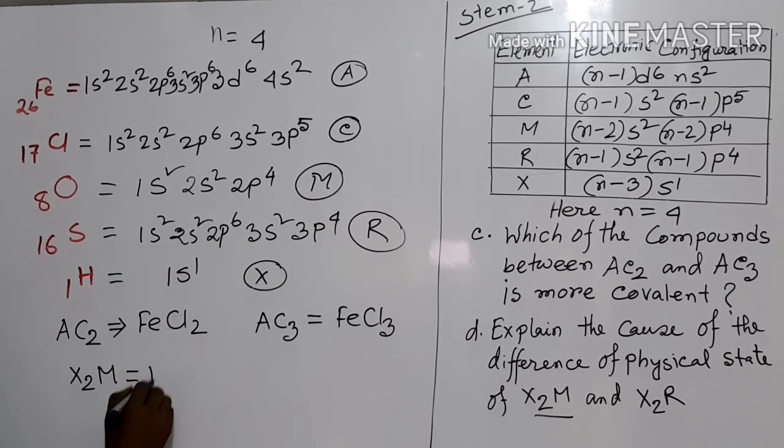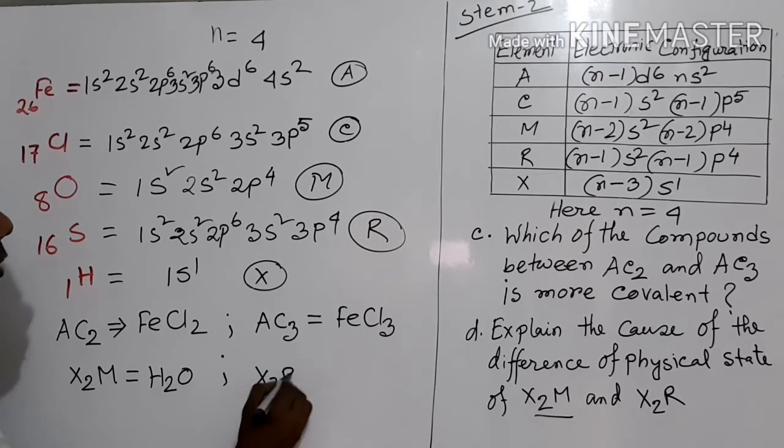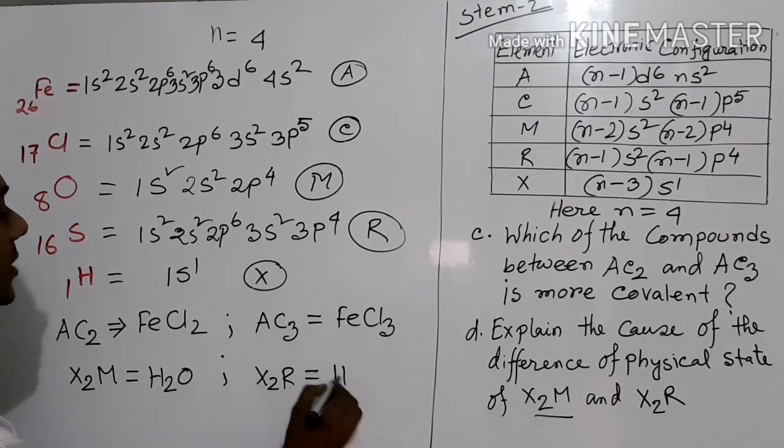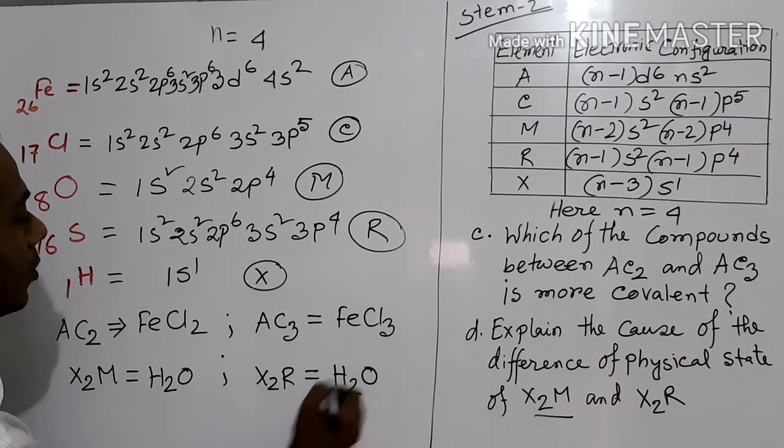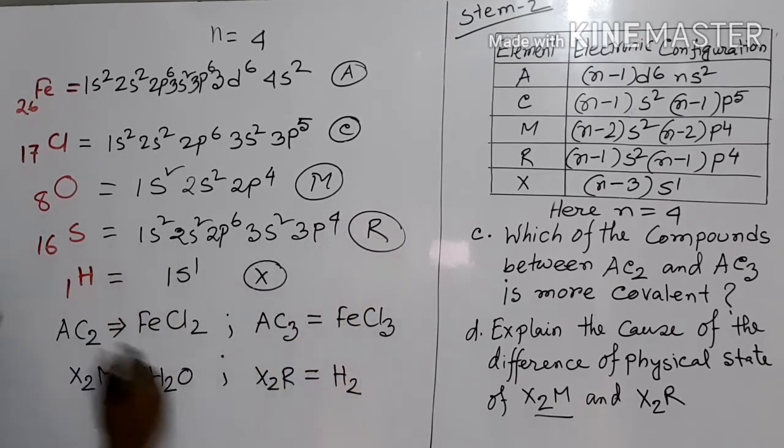So this one is H2O. And X2R: X2R equals H2S, because R represents sulfur.